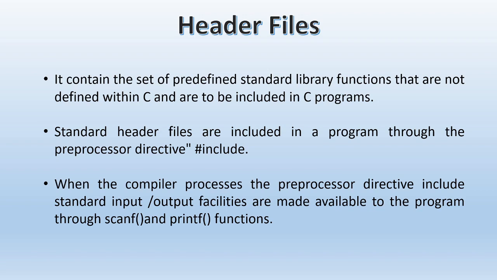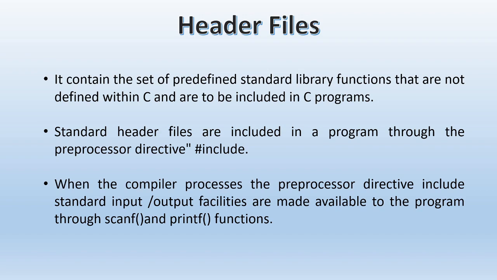So what are these header files? A header file contains a set of predefined standard library functions that are not defined within C and are to be included in a C program. They are actually included in your program with the help of the preprocessor directive #include. Here hash is the preprocessor directive, and include tells the compiler to include something in your program.